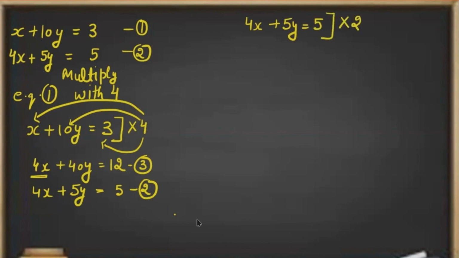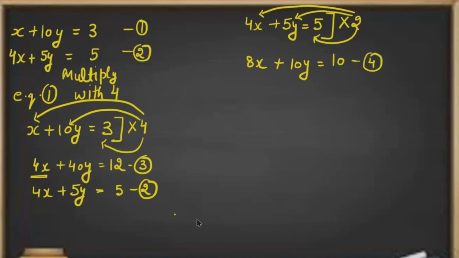Multiply with 2. We'll get 8x, 2 into 4x plus 2 into 5y, 10y, is equal to 2 into 5, 10. Let it be equation number 4. So you can see here that the coefficient of y is equal to the coefficient of y in equation number 1.